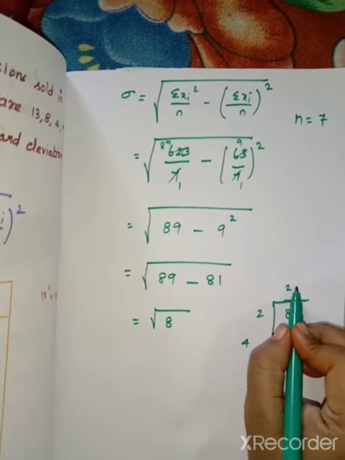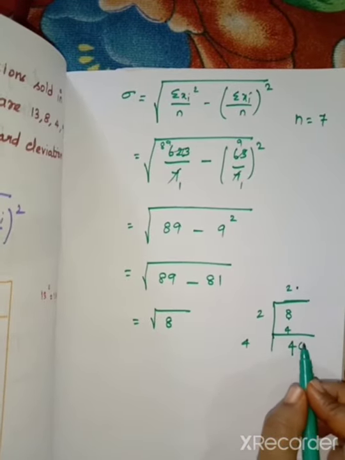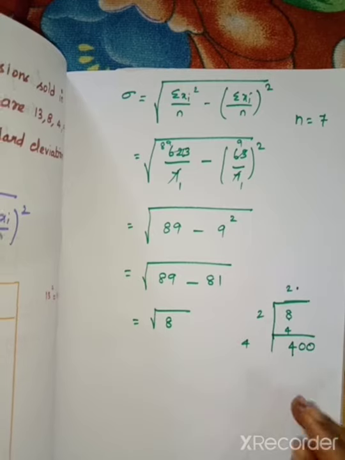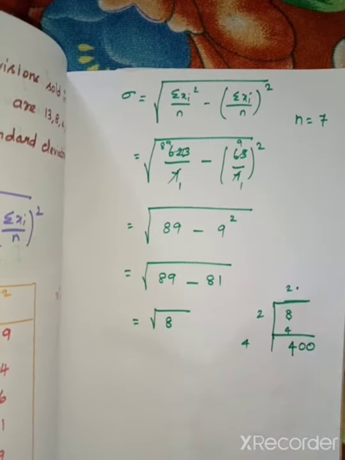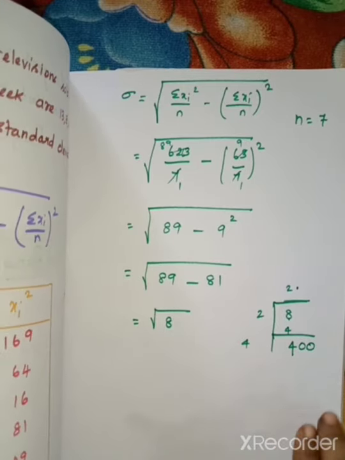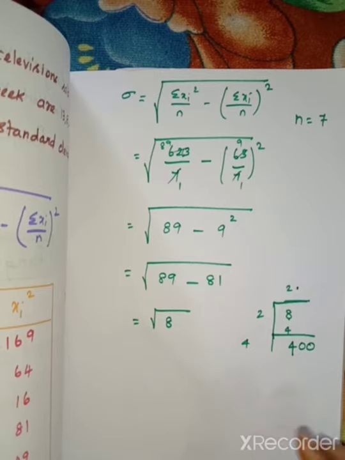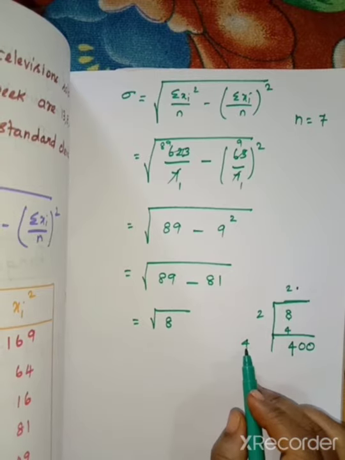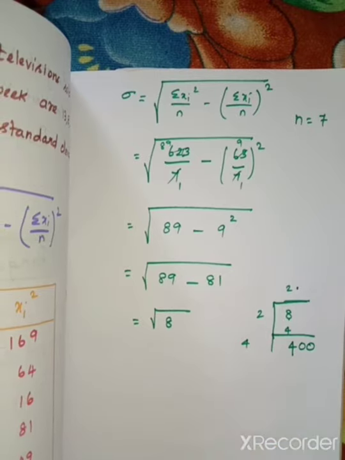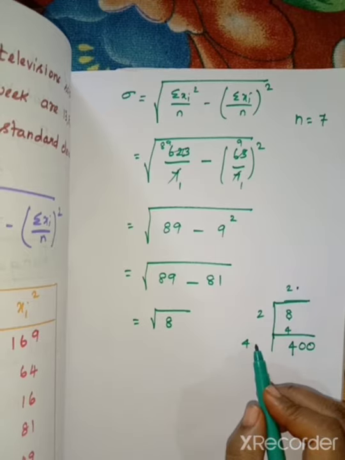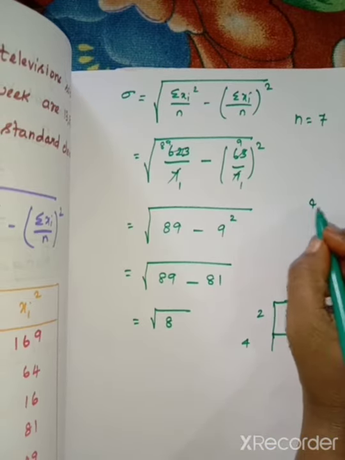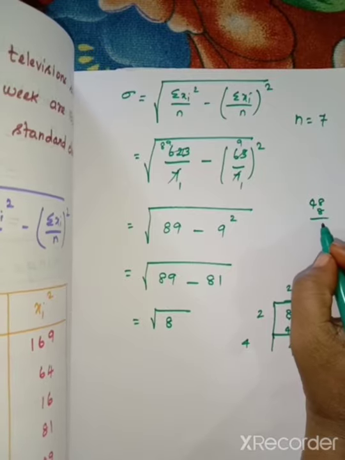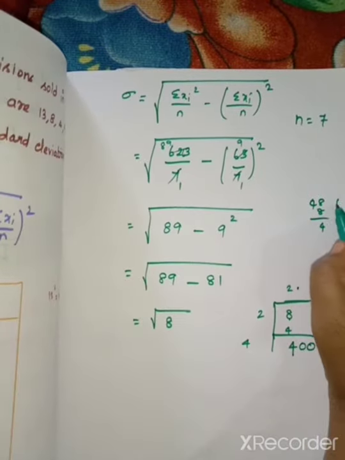Here if you put the point, we have to add 2 zeros. For the long division we have to write 2 numbers, and if you bring down, also we have to write the 2 numbers alone. So 400 is there. So 400, if you point here, we write 8, so 8 8s are 64, balance 6.